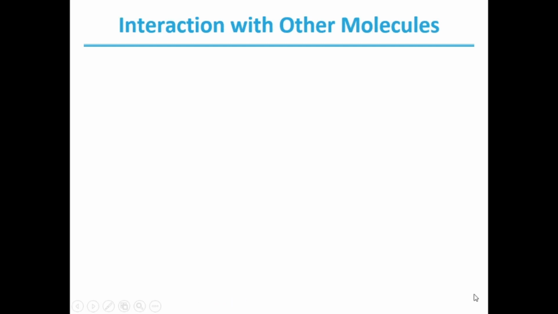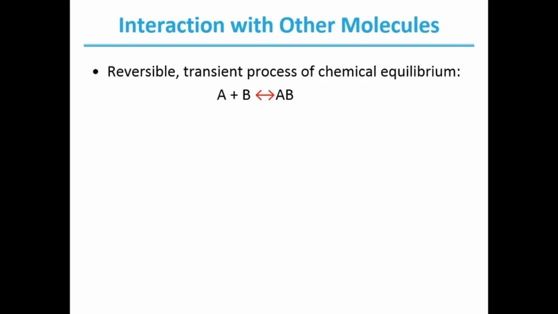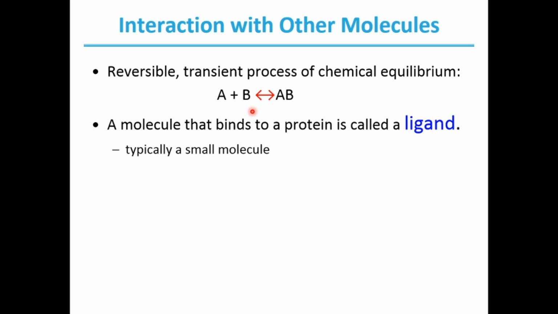The interaction of proteins with other molecules is almost always reversible. Reversible transient process of chemical equilibrium is given by this equation. A molecule that binds to a protein is called a ligand. It's typically a small molecule.